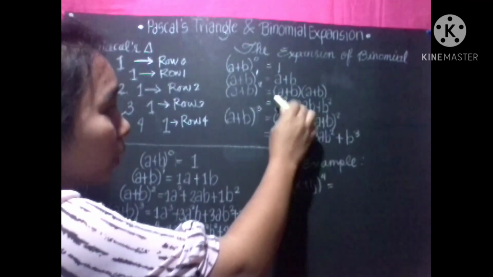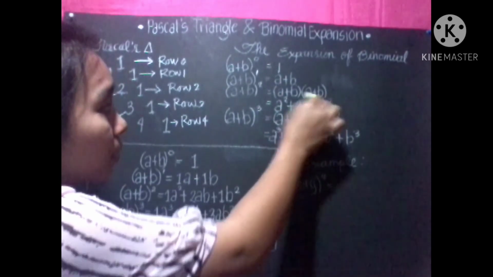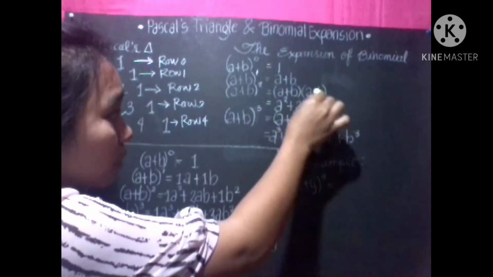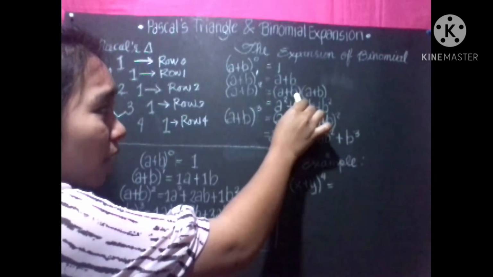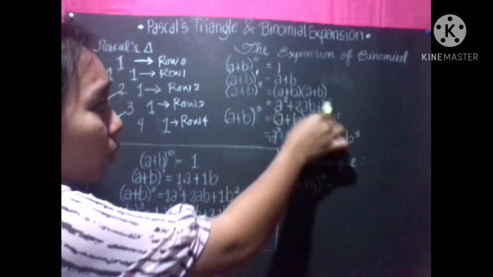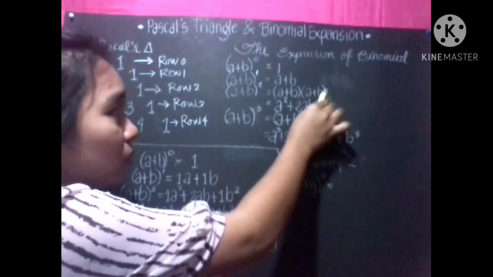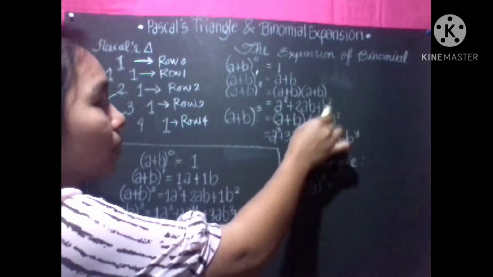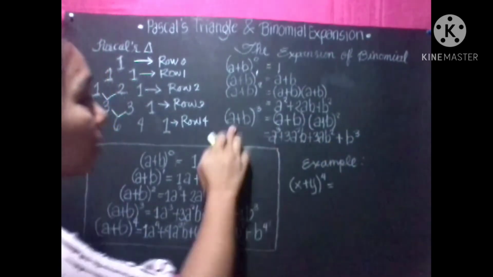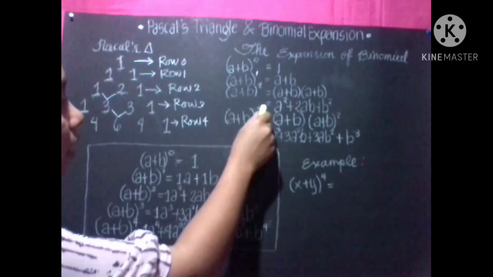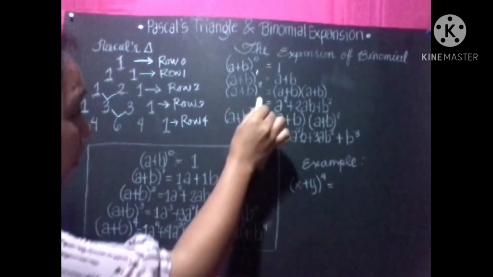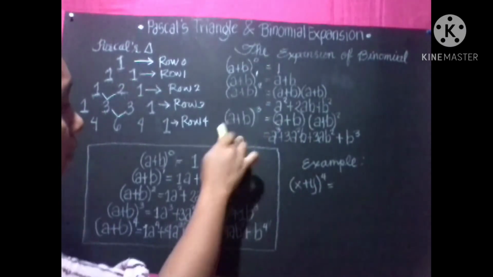The outside term is ab, the inside term is ab, the result is 2ab, plus b squared, because b times b is b squared. Next we have to determine the cube of a plus b.